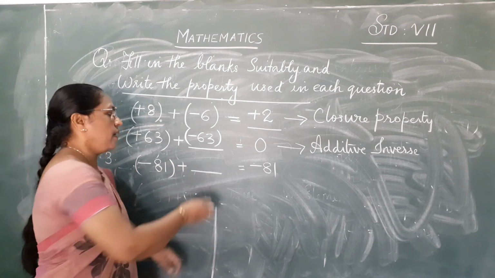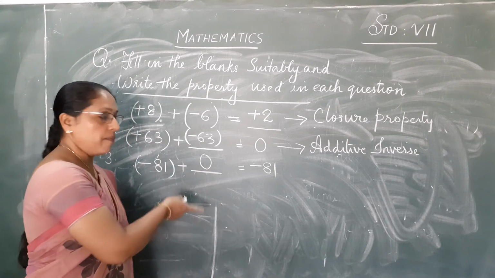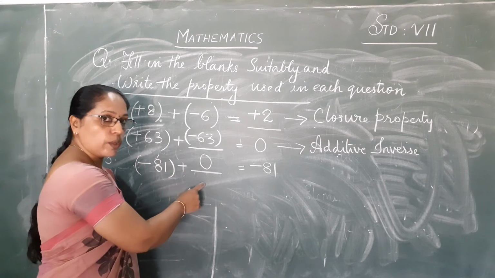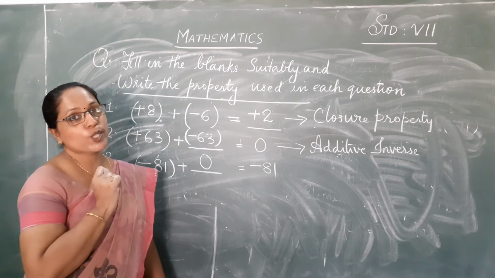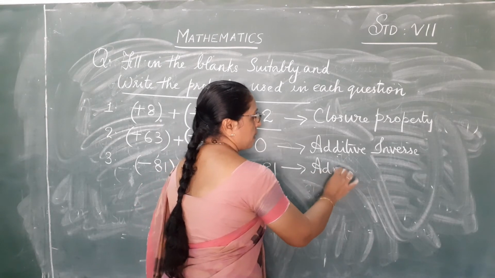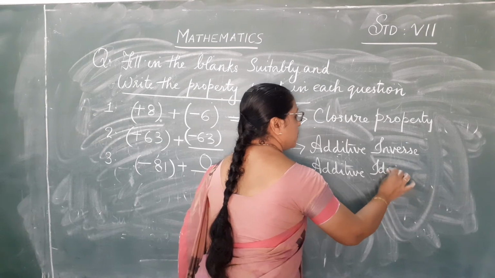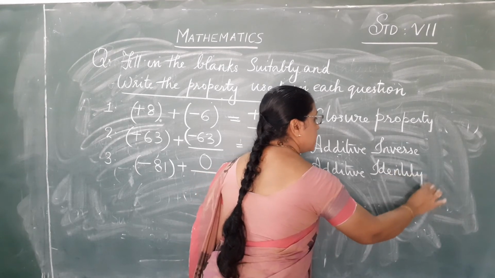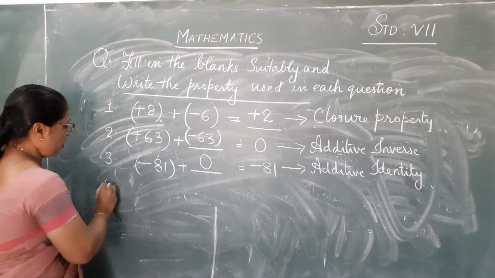Yes, exactly, with 0. So what do you call this property? When you add an integer with 0, we are getting the same integer, and this property is known as, yes, additive identity.